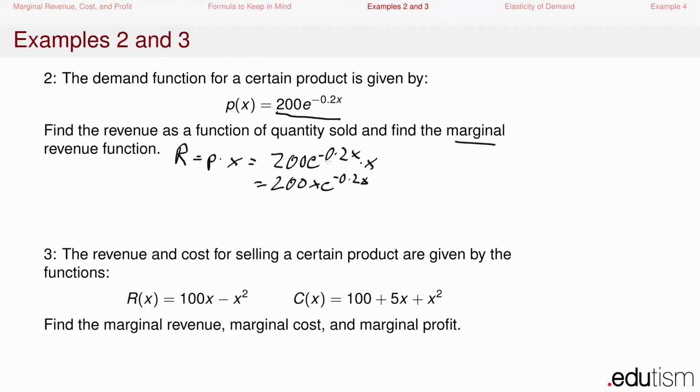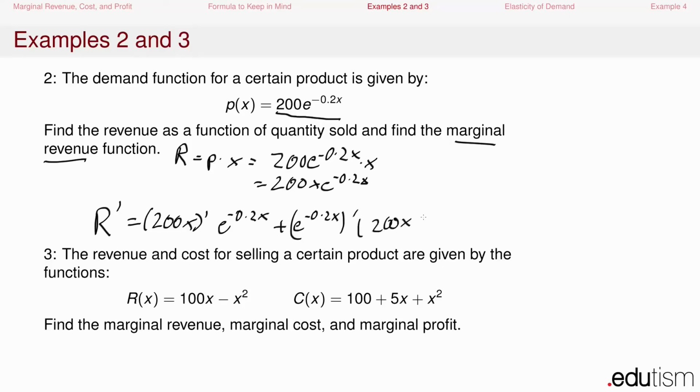Now if we want to find the marginal revenue, we've got to take the derivative of revenue. When we do this, we're going to use the product rule, so we take the derivative of 200x times e to the negative 0.2x plus the derivative of e to the negative 0.2x times 200x. The derivative of 200x is 200.